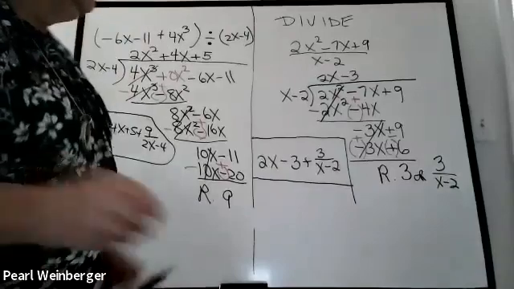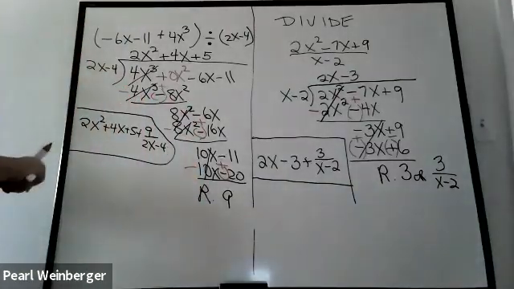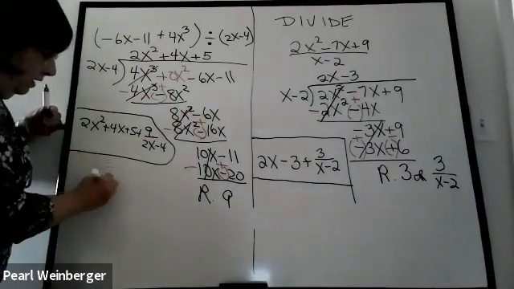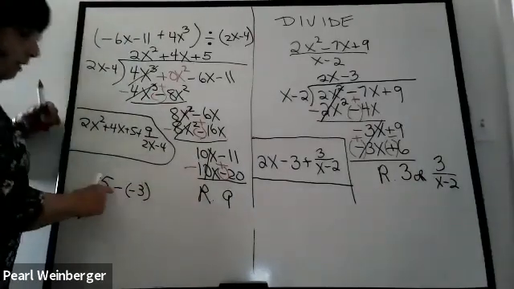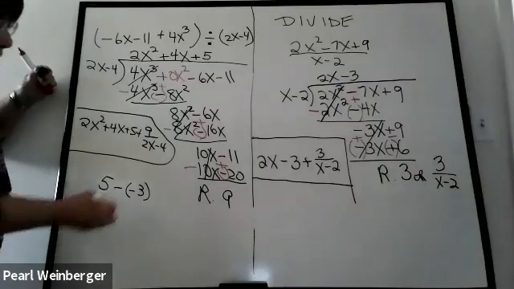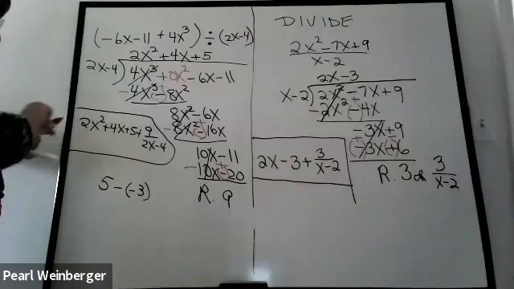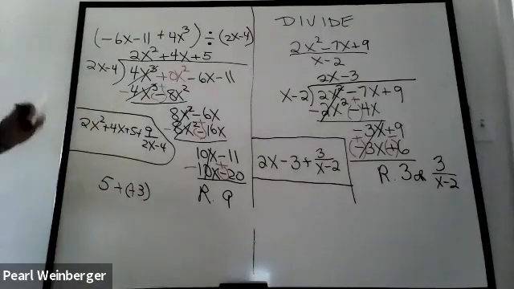The reason we're changing the sign is because, let me just remind you, suppose I'm doing 5 minus negative 3. If I want to subtract the negative 3, don't you remember what we do in algebra? We change this to a plus by changing the sign.